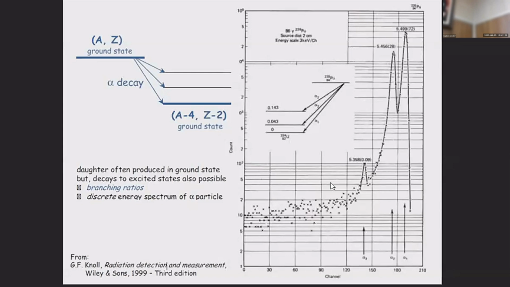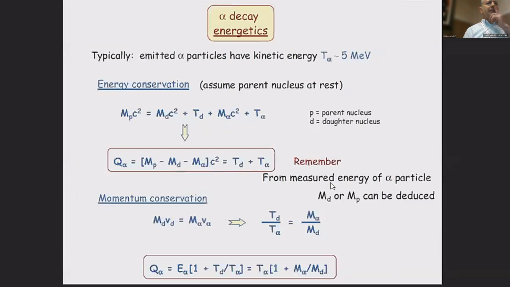energies. There is some mathematics to do such things, but the easiest way is that typically emitted alpha particles have kinetic energies of 5 MeV. Therefore, if you remember the third year quantum mechanics barrier problem, then you can calculate how long this alpha will travel in a medium.